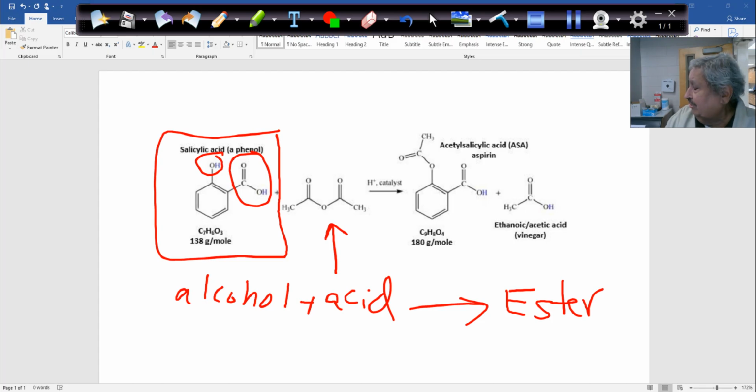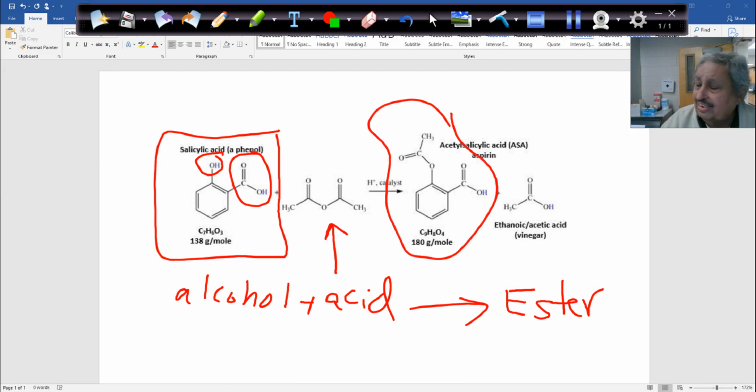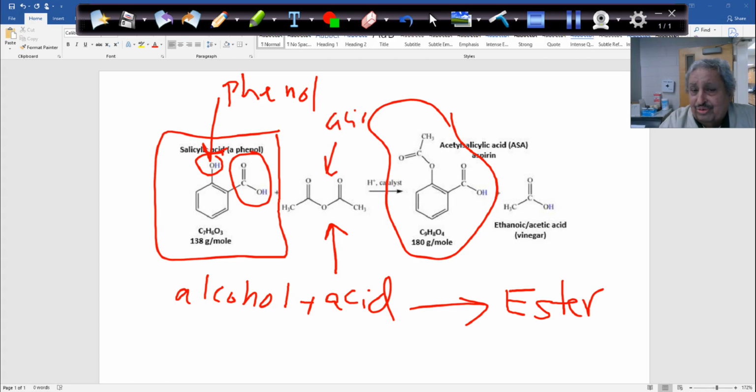That's an ester group. So if you look at the whole molecule here, this is the phenol, correct? Which is an aromatic alcohol. And then here is this acid. And when you add them up, you get something like this one here.